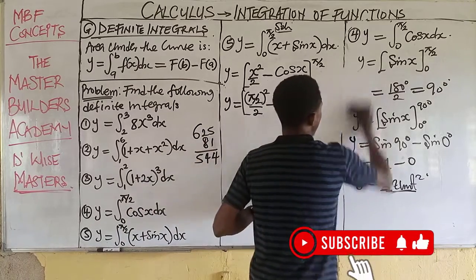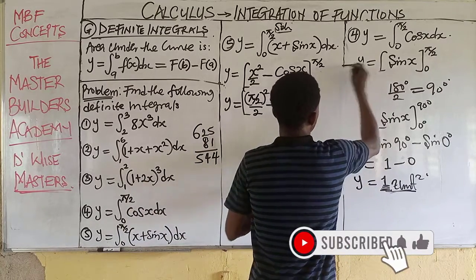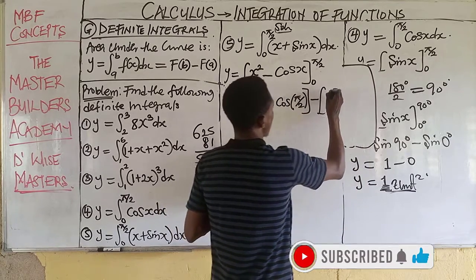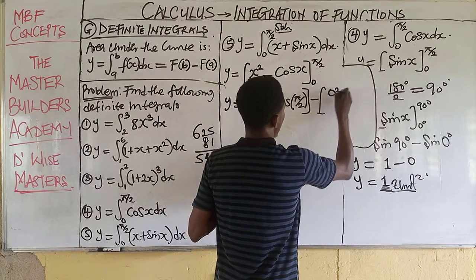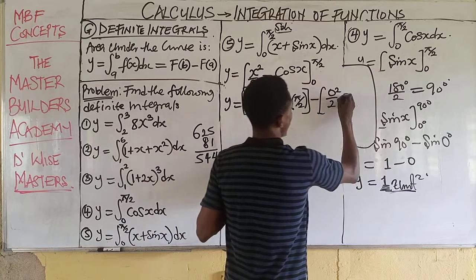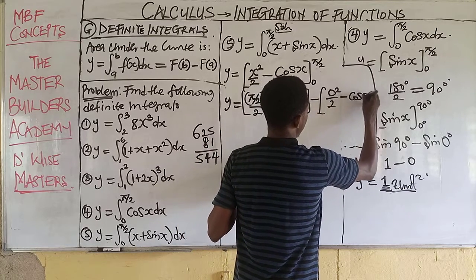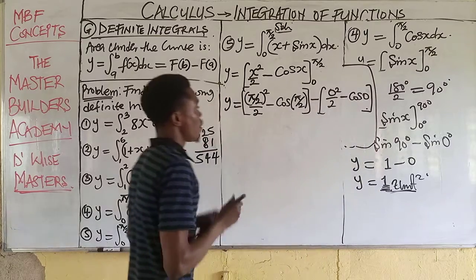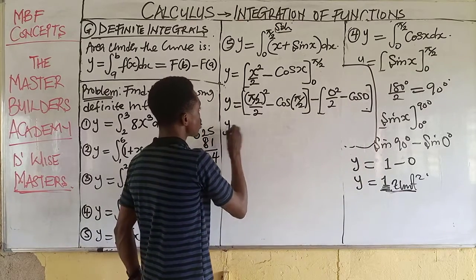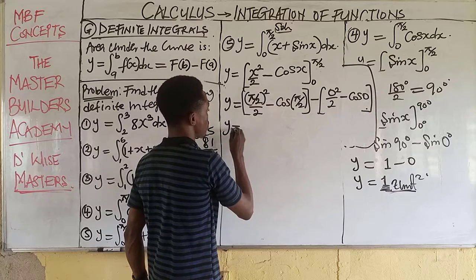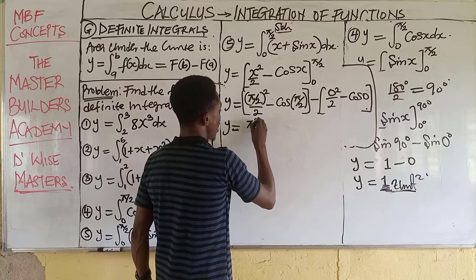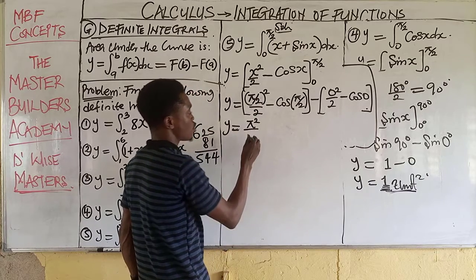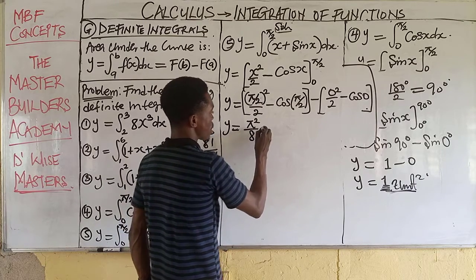Then minus open bracket 0 squared over 2 minus cos 0. Okay, now at this point, this would have given us pi squared over, when you square 2 you have 4, and 4 multiplied by 2 gives us 8.